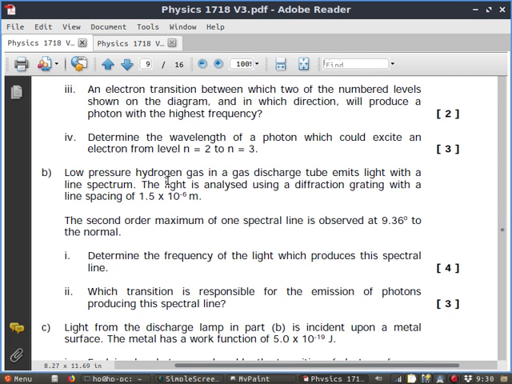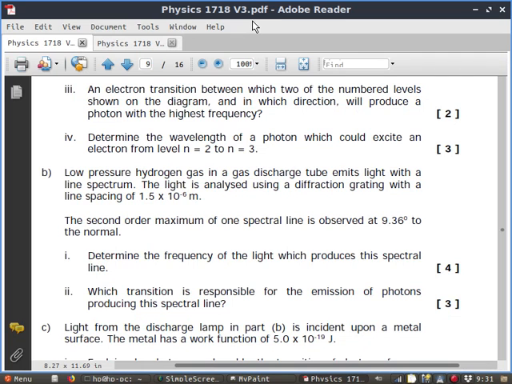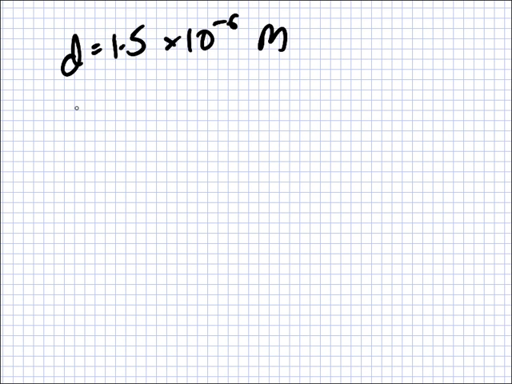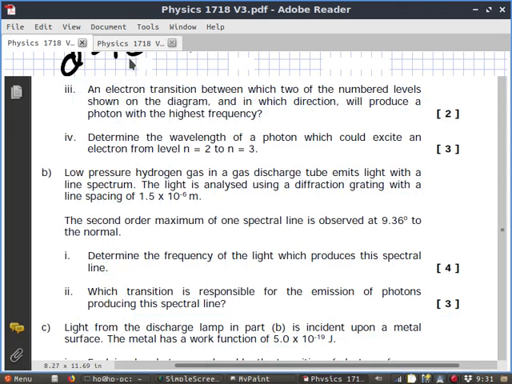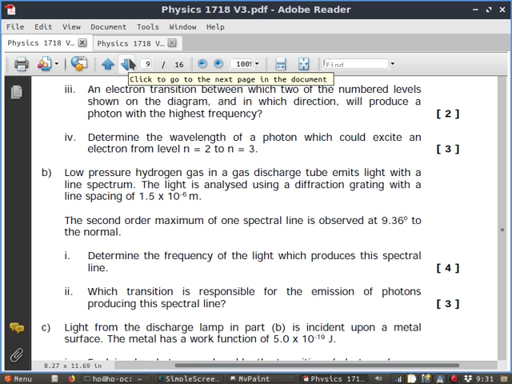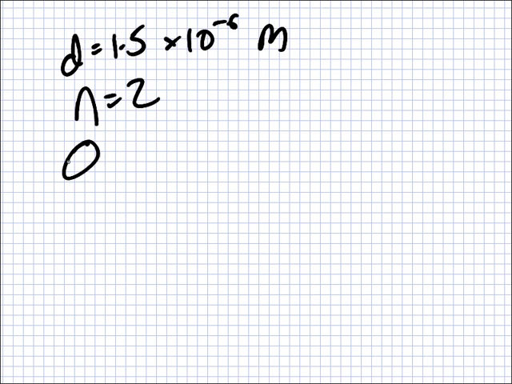Low pressure hydrogen gas emits light. The light is analysed using a diffraction grating with line spacing d, which is 1.5 times 10 to the minus 6. The second order maximum of one spectral line is observed at 9.36 degrees.